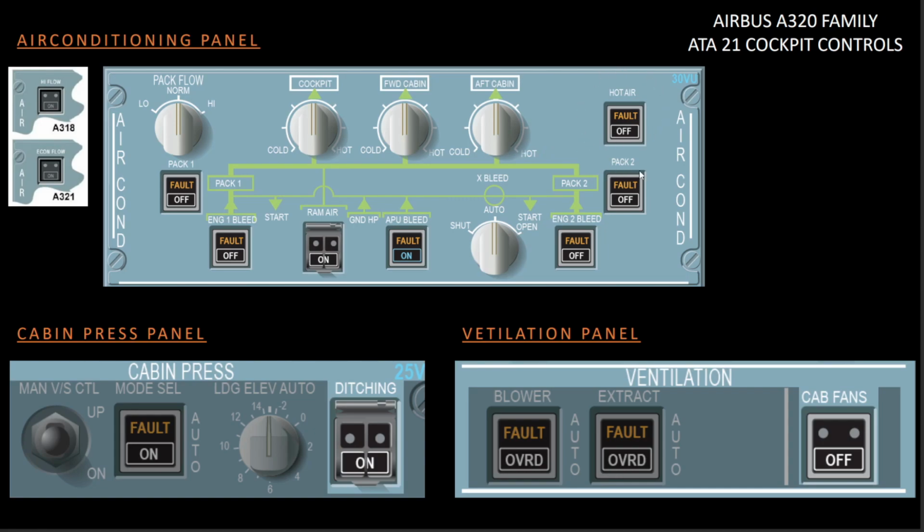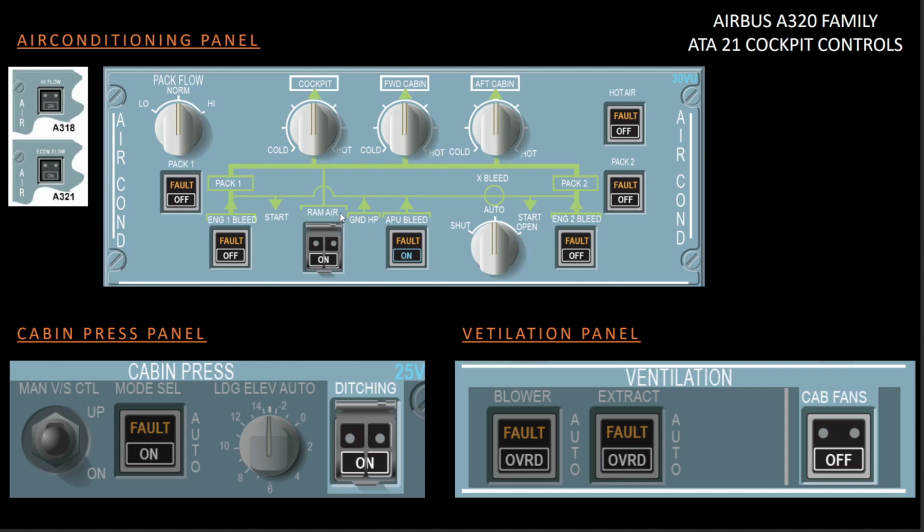And here you can see a hot air push button, which we discussed in the last lesson. The trim air pressure regulation valve is controlled by this hot air push button. Here you have the pack 1 and pack 2 push button switches to control the pack flow control valve.